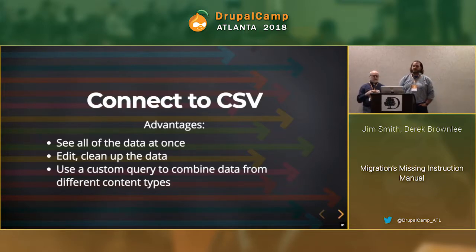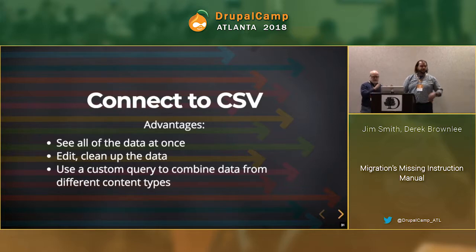This also gives you a chance to very quickly clean up the data before you begin the migration. If you want to do a copy, find and replace to change a word that was misspelled frequently on your site, or change some.